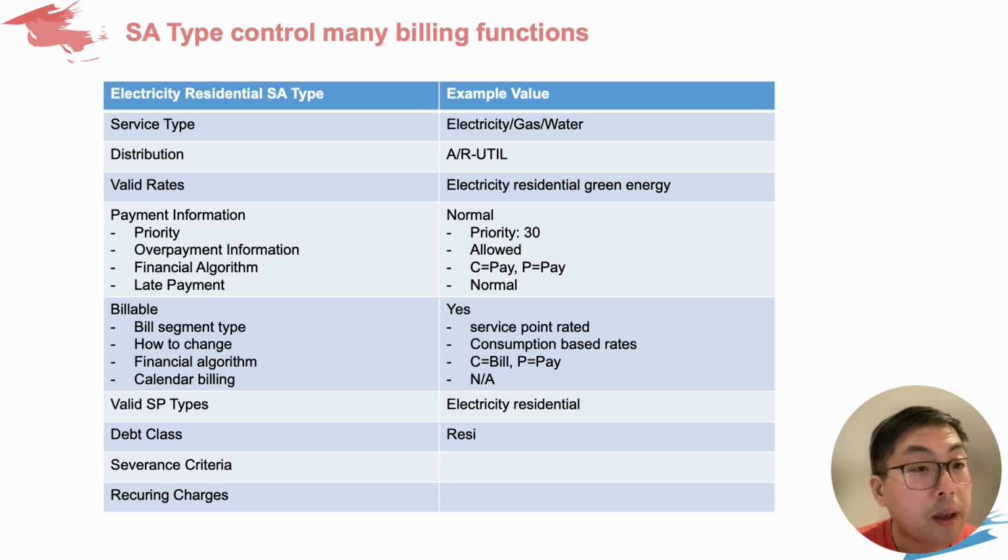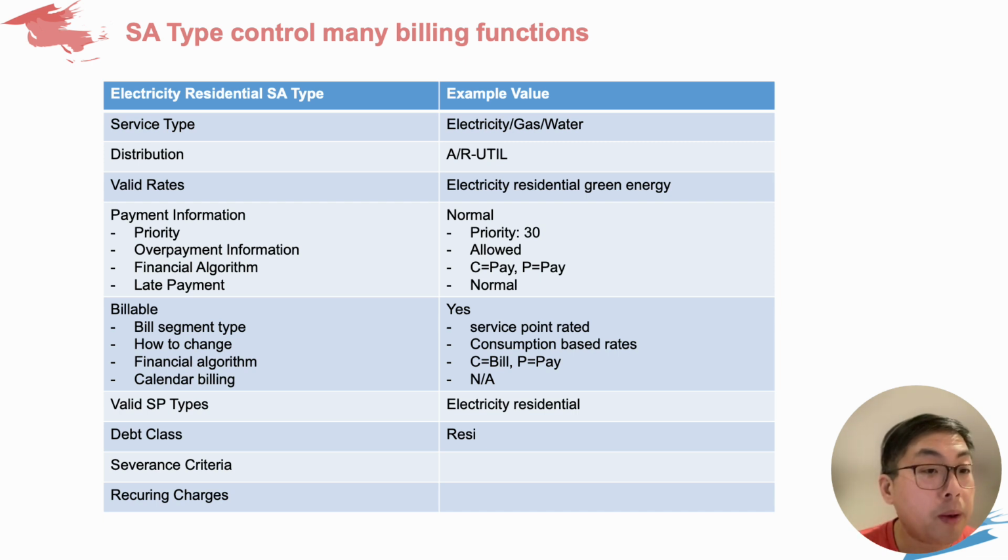And then going on for the payment information, we can define priority, overpayment information, financial algorithm, late payment. So through the algorithms on the service agreement type, we can define what they are, and we can have algorithm to dynamically calculate different aspects of this information.